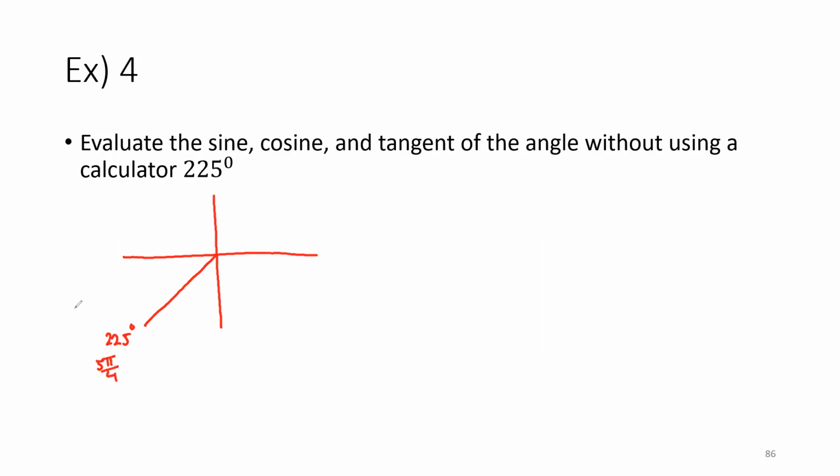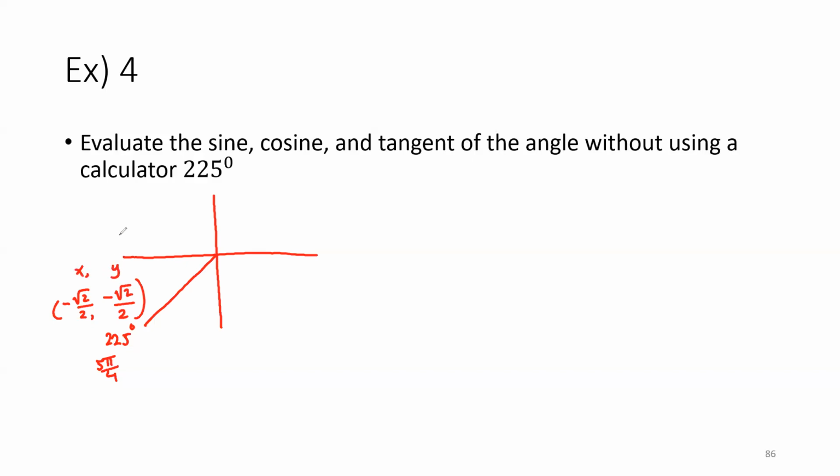And 225 degrees is a degree within the unit circle and has an x coordinate of negative square root of 2 over 2 and a y coordinate of negative square root 2 over 2. Correct? This is your x, this is your y.